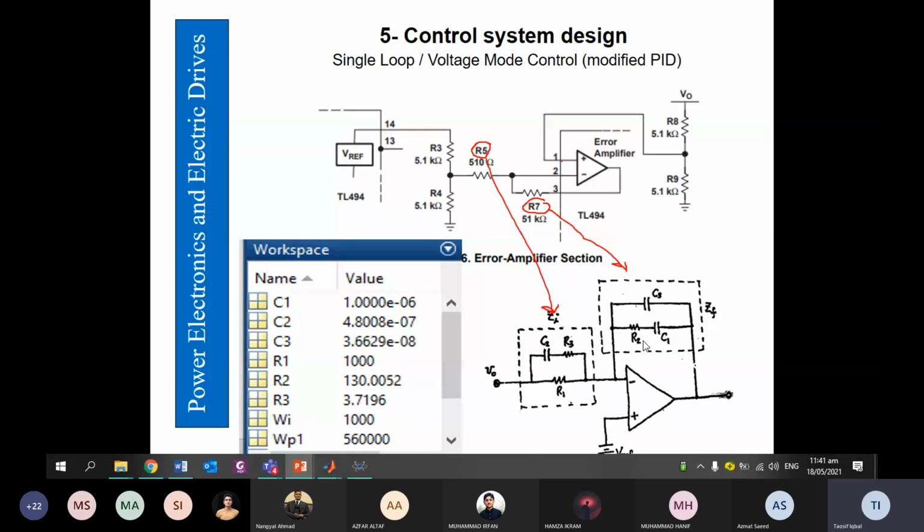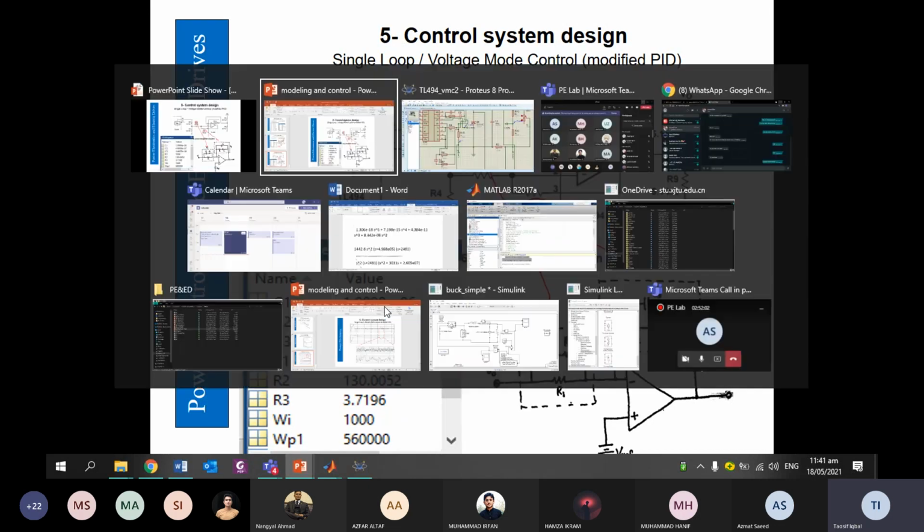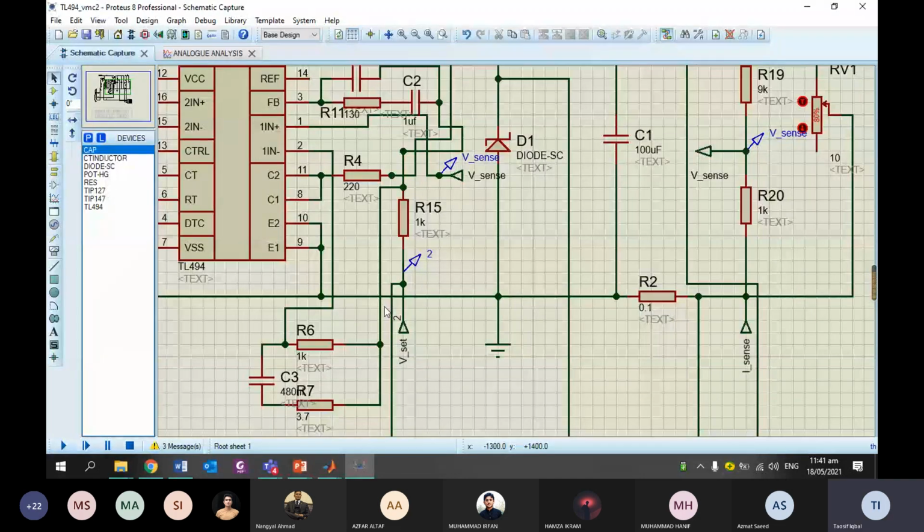Okay, so let's look at the values and their placement. A 1 kilo ohm resistance is connected between pin 2 and the set voltage, where we are setting the reference voltage for TL494.